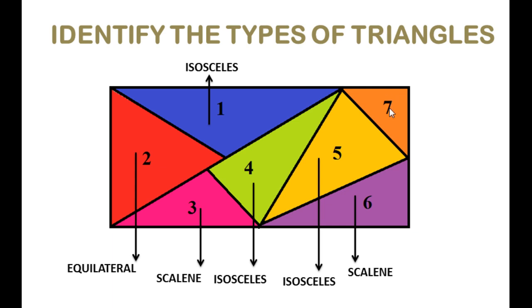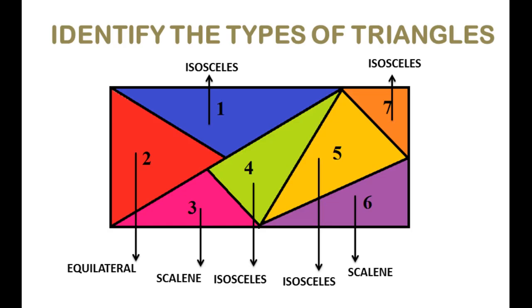So the last one, seventh triangle, it's isosceles because this length is equal to this length.